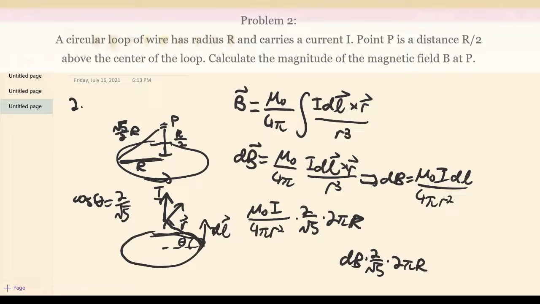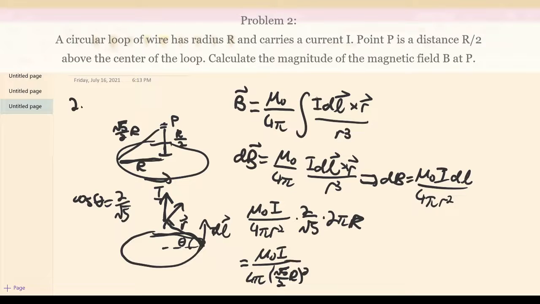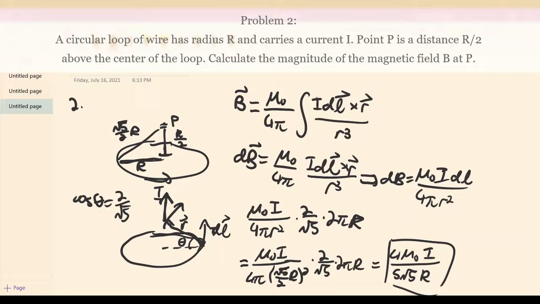In this case, we already calculated it: it's square root 5/2 times big R. So we end up getting mu0 I over 4 pi times square root 5/2 R squared, times 2 over square root 5, times 2 pi R, and this ends up being 4 mu0 I over 5 times square root 5 times big R. That's the answer for the magnitude of the magnetic field at point P.